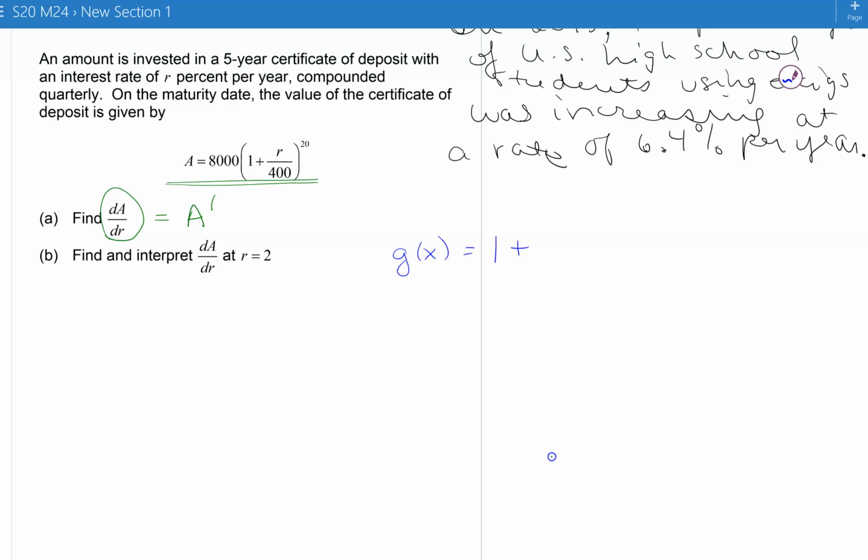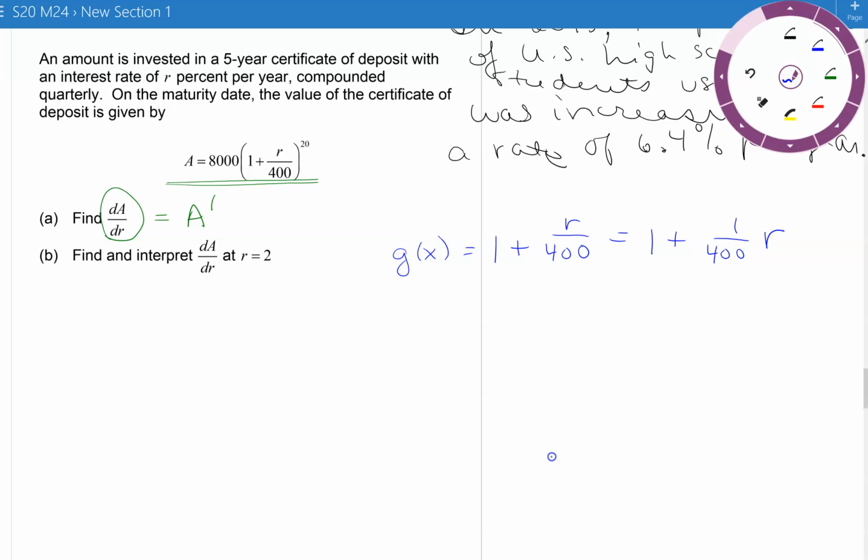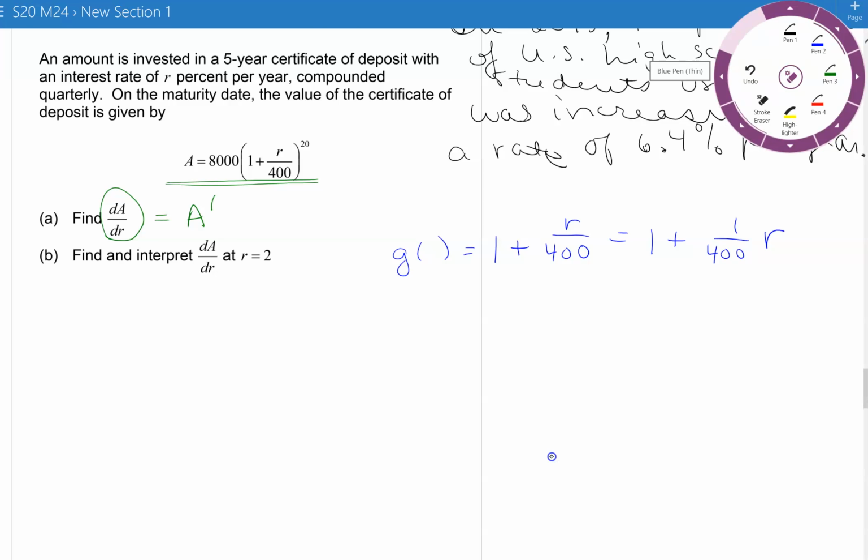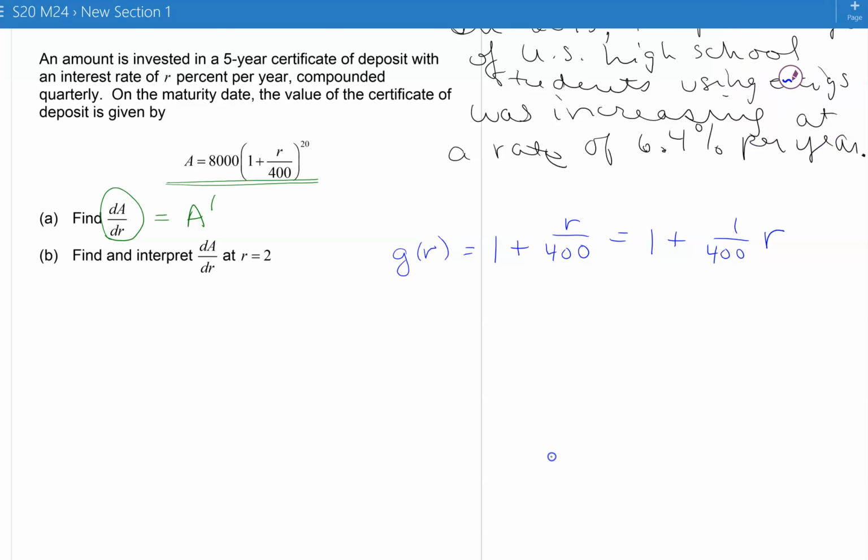It's going to be 1 plus r over 400. And it's always easier to do derivatives if you write any kind of multipliers out in front of the variable. So this actually is g of r. So let me be correct here. The letters need to match. So that's g of r.